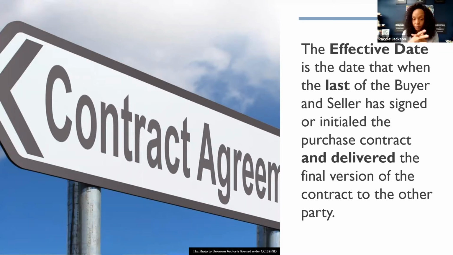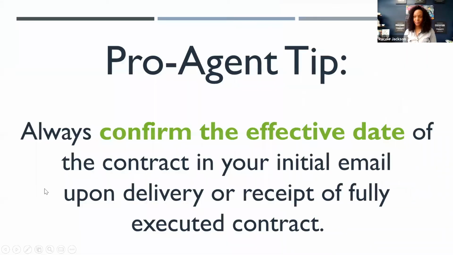No changes. If they change the closing date, the loan approval deadline, or the escrow deposit delivery deadline, now you have a counter offer that must be accepted. So you're going back and forth until no dates are changed. Okay? I think we got that one pretty clear.